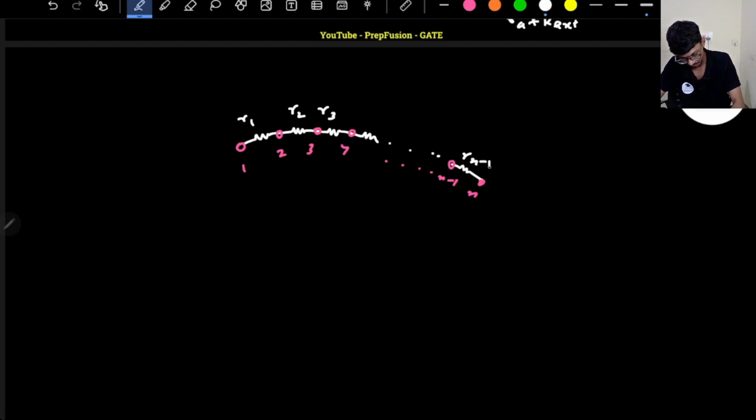Here Rn minus 1 will remain. And I have told you that our current must be limited between IA max and IA min. So when the pointer is in position 1, what is the IA maximum? IA maximum will be equal to Vt divided by this whole resistance.